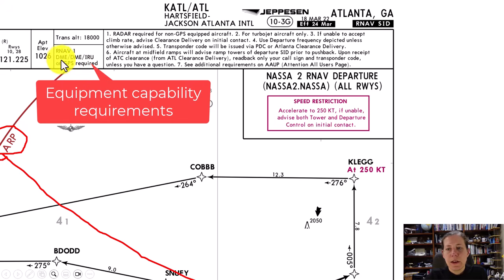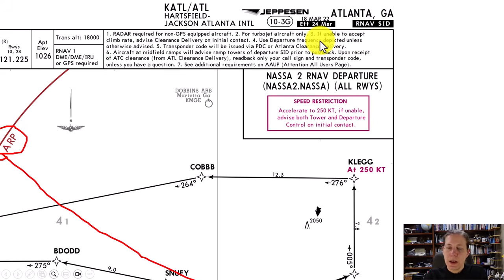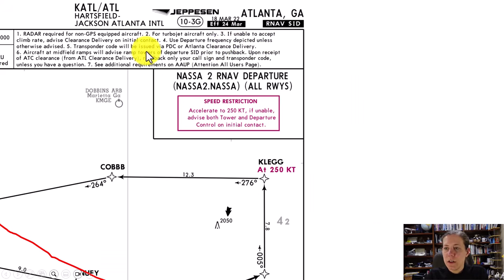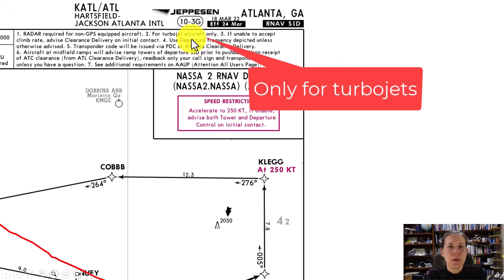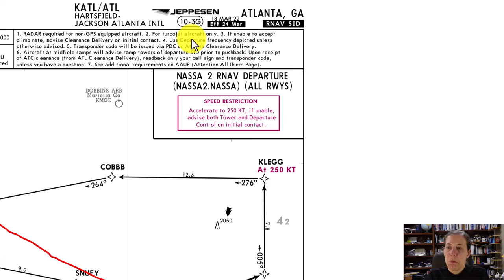You need either a DME IRU, it's inertial reference unit, or GPS, because it is an RNAV SID. We need area navigation capability. Also, you notice, note 2, this is for turbojet aircraft only, so don't use it if you're flying a turboprop or a propeller-driven aircraft, okay?